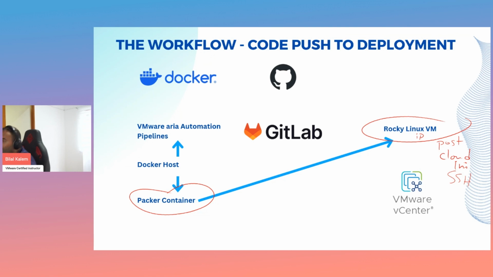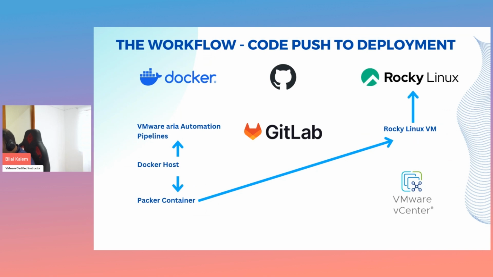Now, once the VM is ready, once all these tasks are completed, after we create the VM, after we install the guest operating system, after we do the post-installation configuration, Packer sends a shutdown command to the VM. After that, we convert it into a vSphere template.